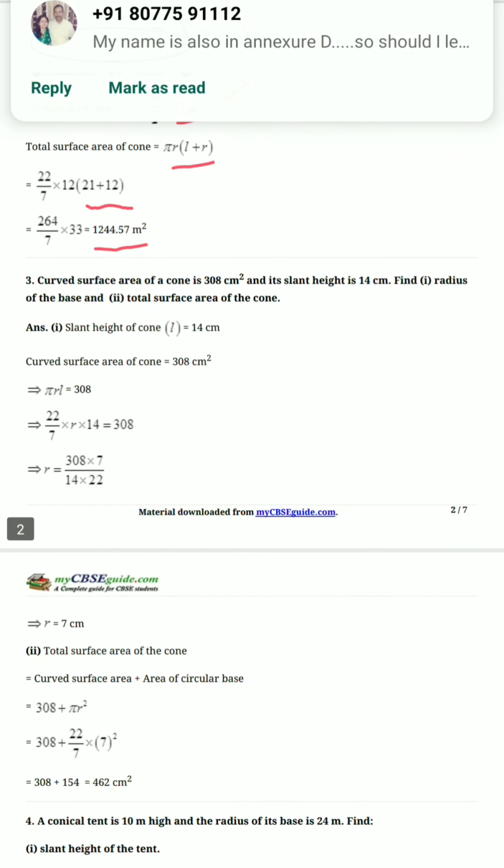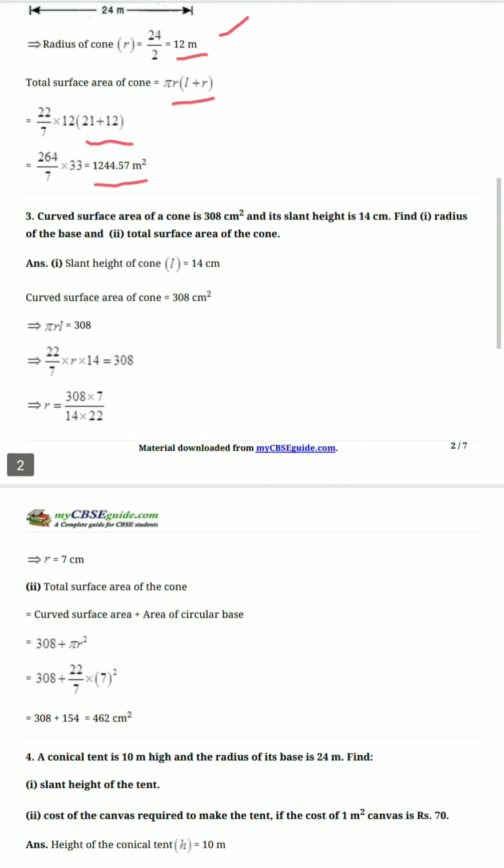Question number 3. Now in question number 3, we are being given that the CSA of a cone is 308 centimeter square and its slant height is 14 centimeter. Find the radius of the base and total surface area. Now we are given the curved surface area and slant height.